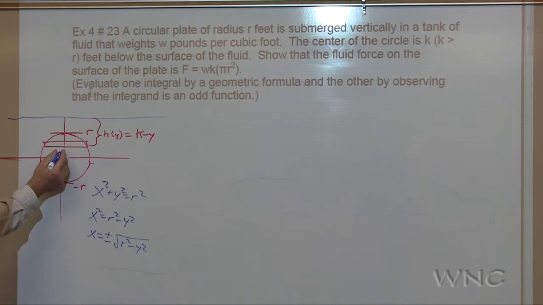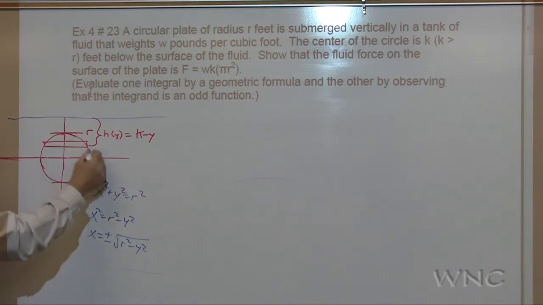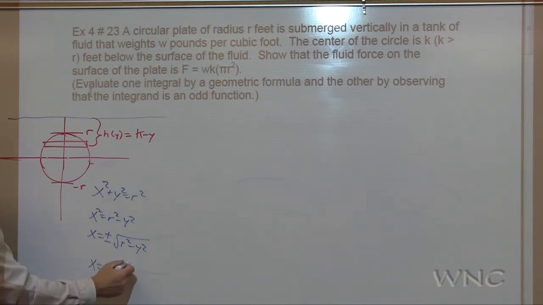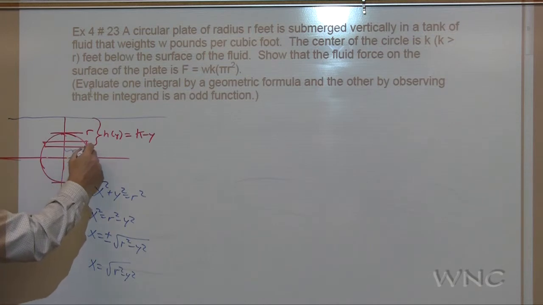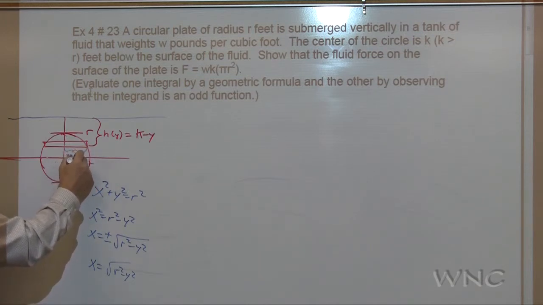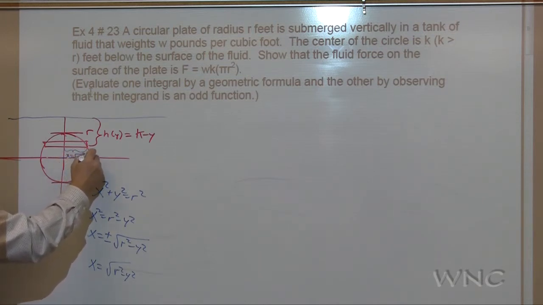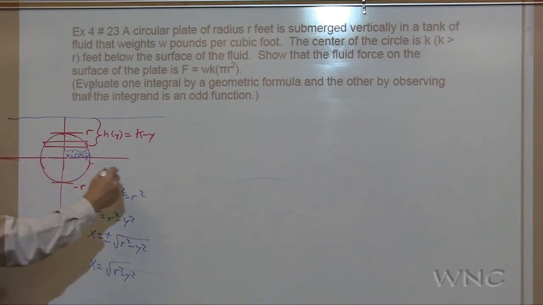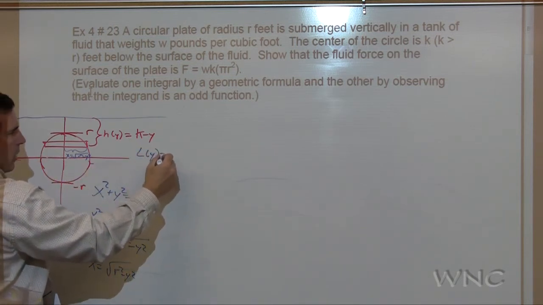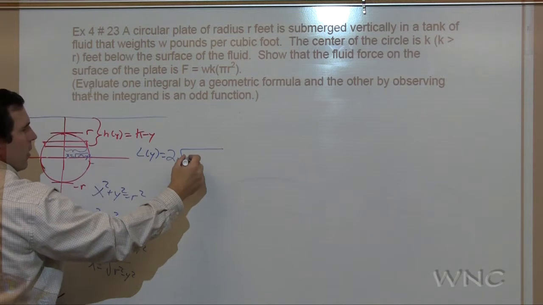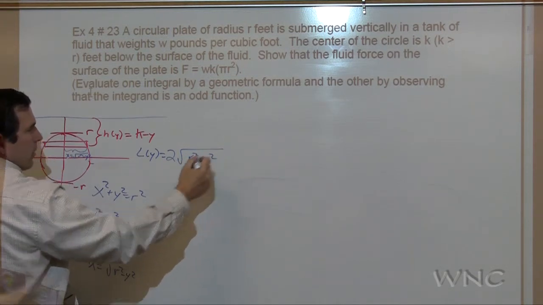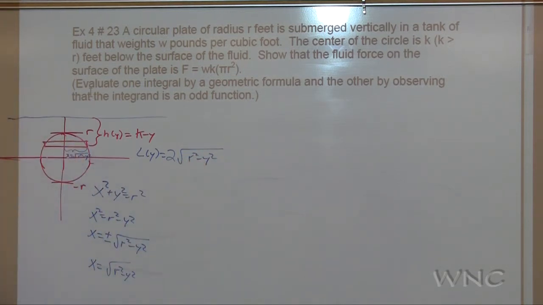We want both sides, but let's think about the one side. This one side is defined by x equals the square root of r squared minus y squared. So the whole thing, our L of y, would be 2 times the square root of r squared minus y squared. That's double that.